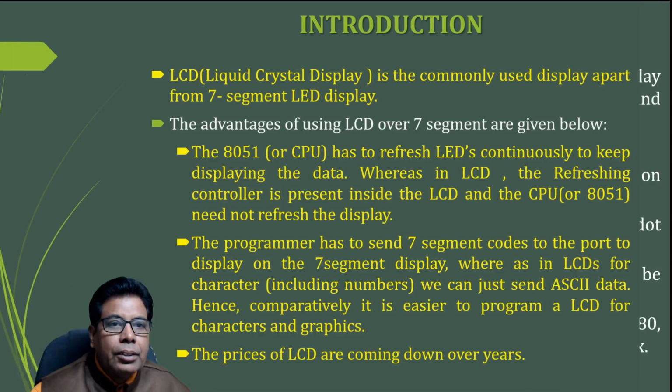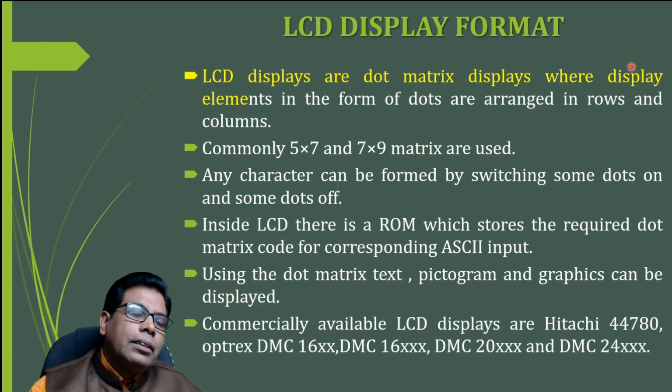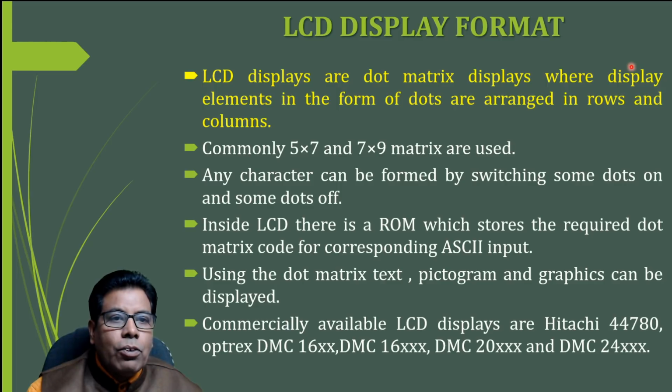Then let us start with the LCD display format. LCD displays are dot matrix displays where display elements in the form of dots are arranged in rows and columns. So typically we have 5 by 7 or 7 by 9 matrix.